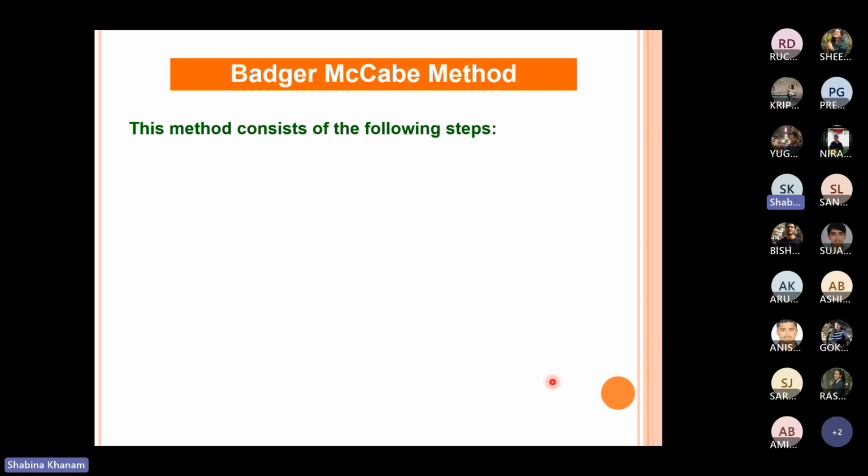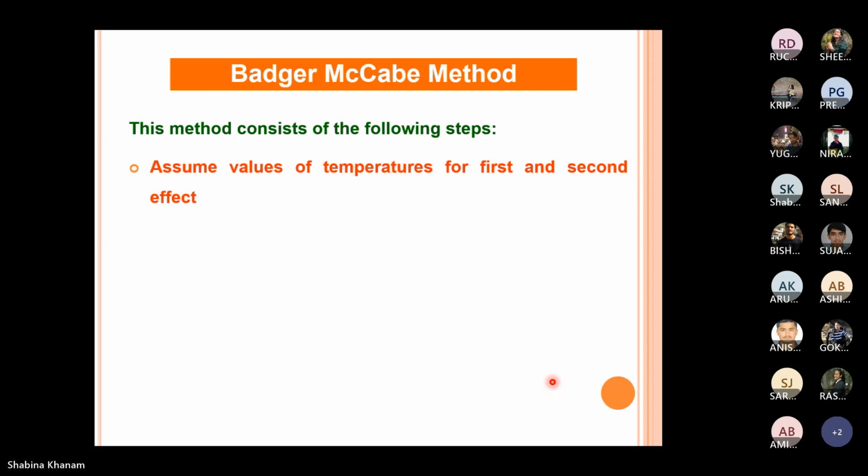The procedure which we are going to follow over here is the Badger-McCabe method, and this method includes the following steps. We usually assume values of the temperatures for the first and second effect, because the other six parameters you are aware of.